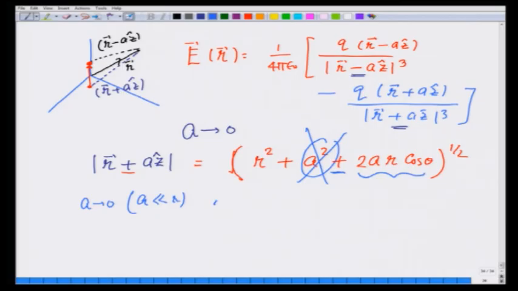So, by binomial theorem I can approximate this as r, 1 plus or minus 2 a by r cosine theta, raised to 1/2.